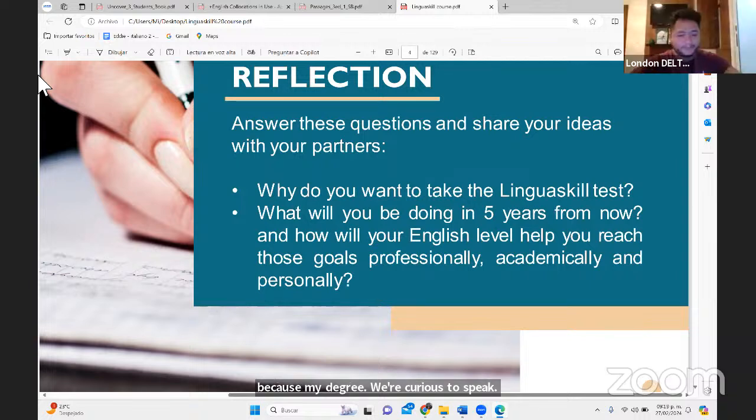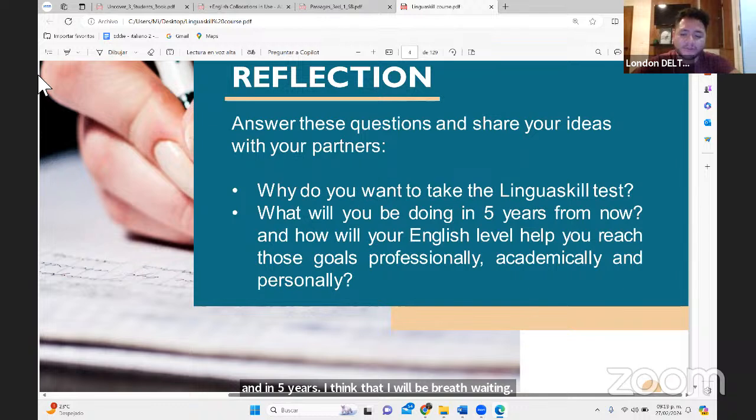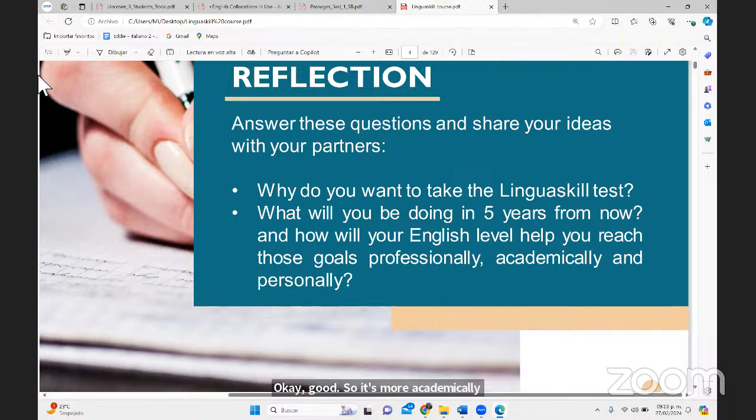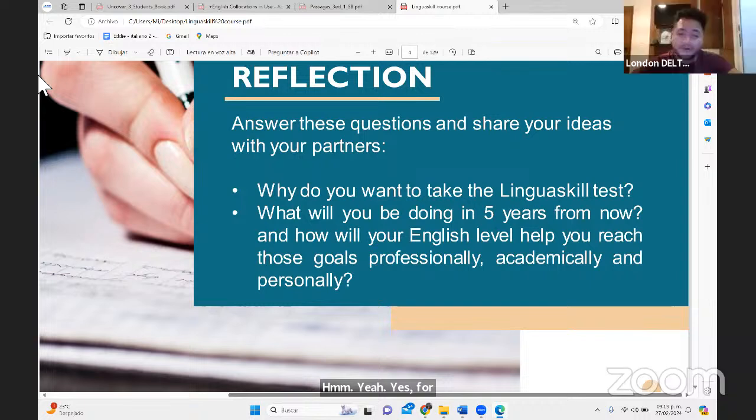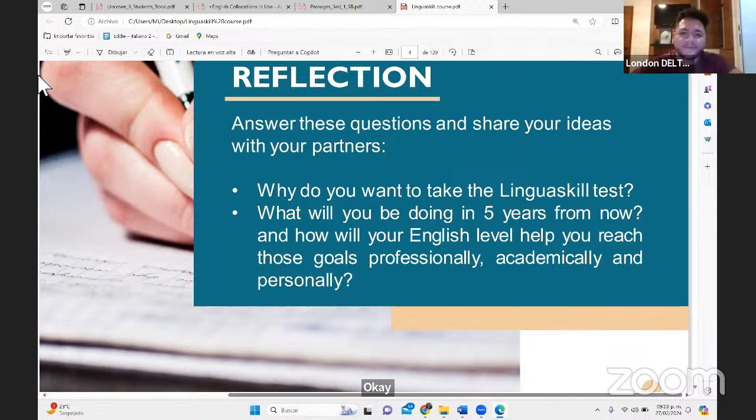The certification, and in 5 years, I think that I will be graduating. Okay, good. So it's more academic in the short term. Yes, for me, yes. Well, academically and professionally. Very well. And what are you studying? Veterinary. Okay, very well.